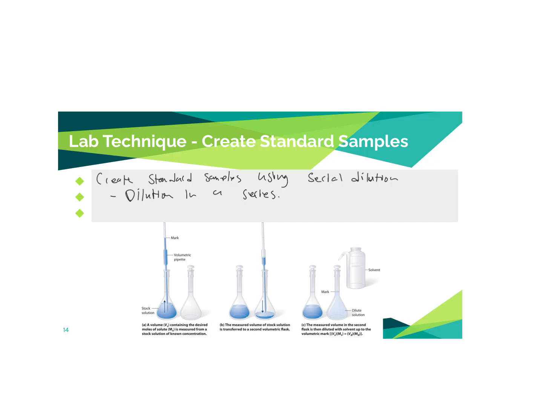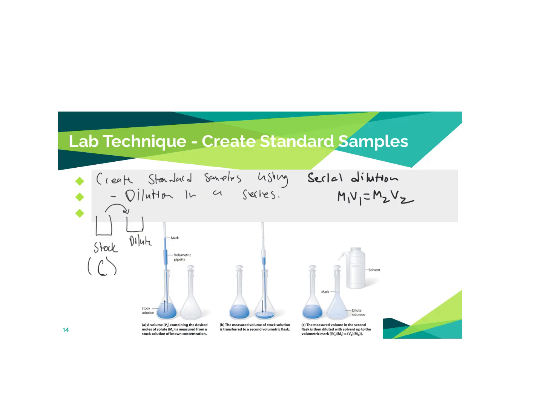So rather than just picking 5 concentrations and saying I'm going to take from my stock solution and dilute that using my equation M1V1 equals M2V2, what you instead do is you take your stock at a known concentration of C. You'll take a little bit of this, throw it in there, and then you dilute.